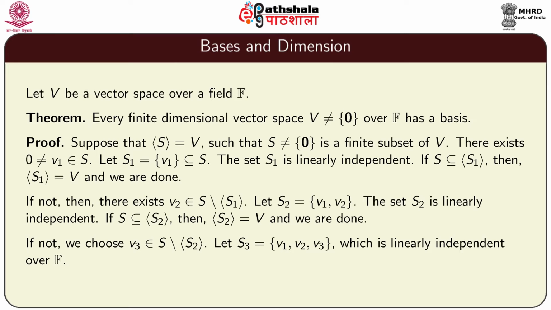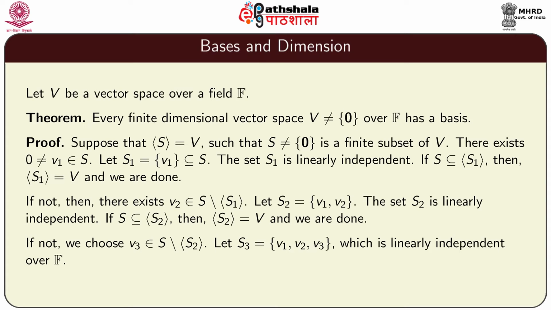Again, if it so happens that S is contained in the span of S2, then because of a similar argument, the span of S2 has to be V, because S spans V and S is contained in the span of S2, therefore, S2 must span V, and S2 is linearly independent, and once again we are done.